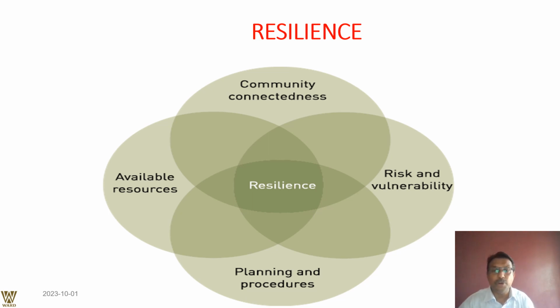Stockpiling, early warning system, ensuring that we can have resources elsewhere also, so that our livelihood springs back to normal as soon as it can. Then comes the available resources as such.